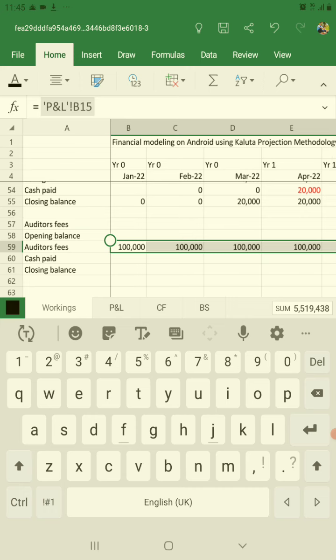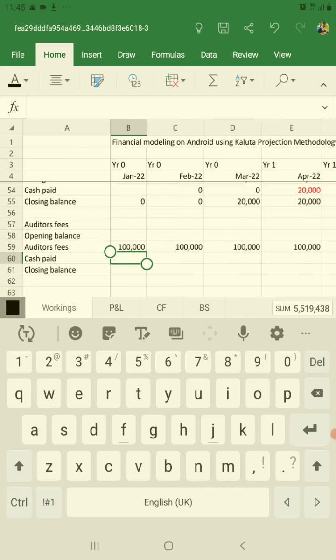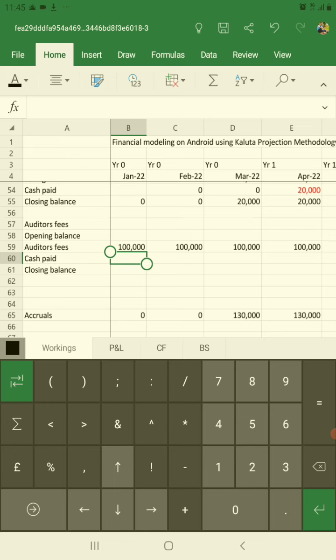Okay, then after doing that, let us model the cash paid for auditors. As the auditors will normally come to audit the accounts on annual basis.